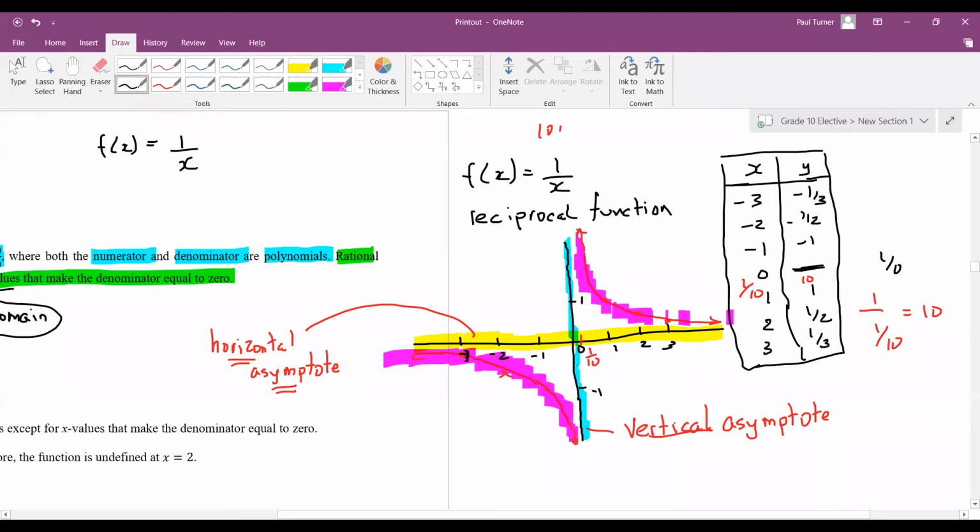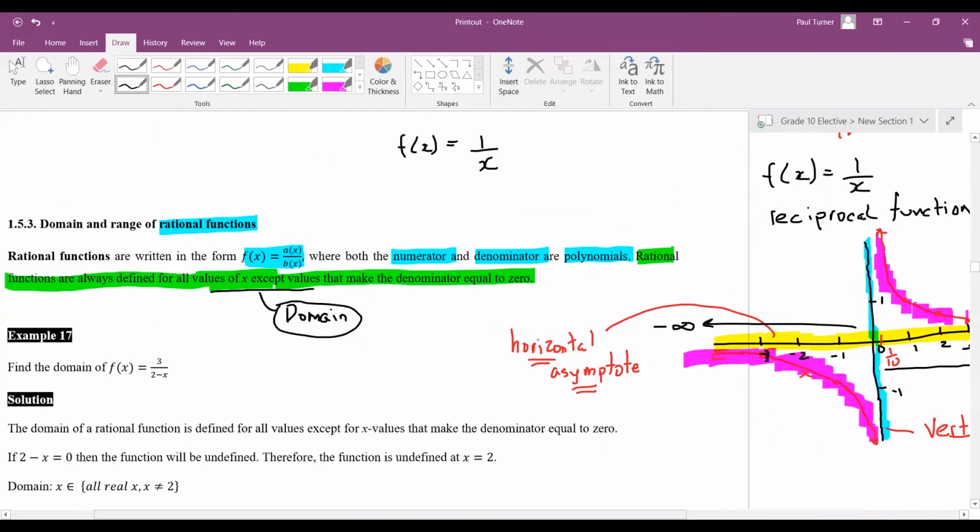So your domain is actually here to infinity, and also from here to negative infinity. So that means your graph is everywhere except x equals 0. And that's what it says in your definition here. It's defined for all values of x except the numbers which make the denominator 0. So if you put 0 in here, this is undefined.